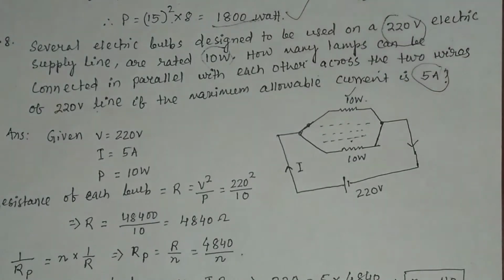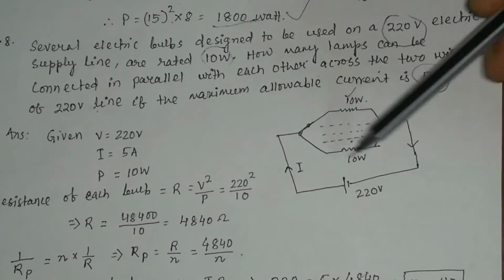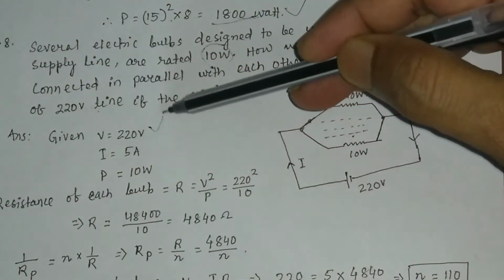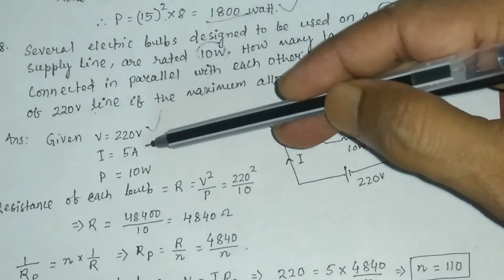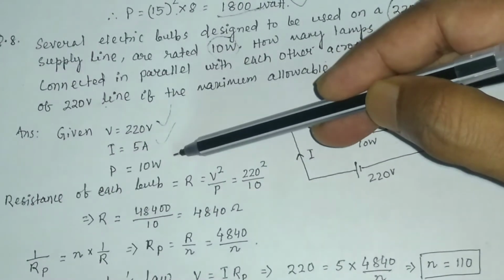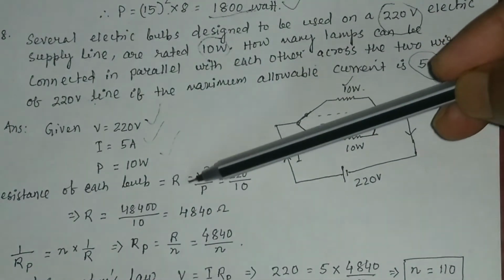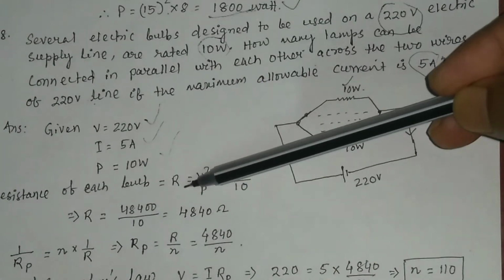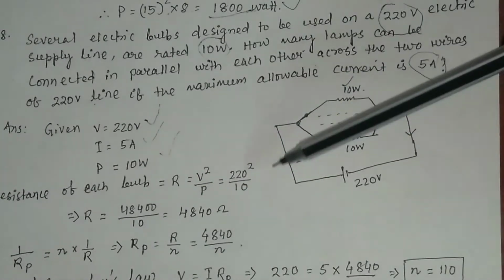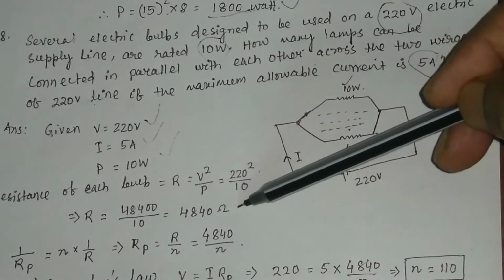Here we have to calculate the total resistance of these bulbs. Potential is given 220 volt, current is given 5 ampere, power is given 10 watt. Using the formula P equals V square by R, so R is equal to V square by P, it will be equal to 4840 ohm.